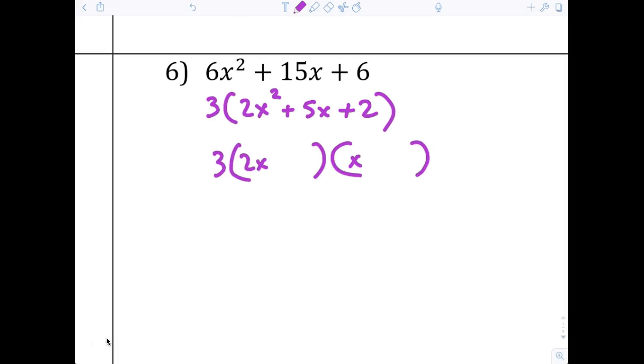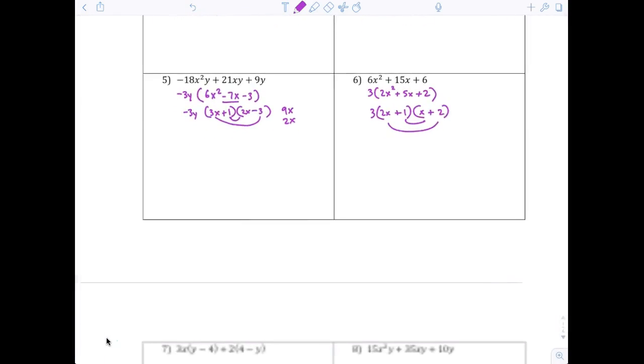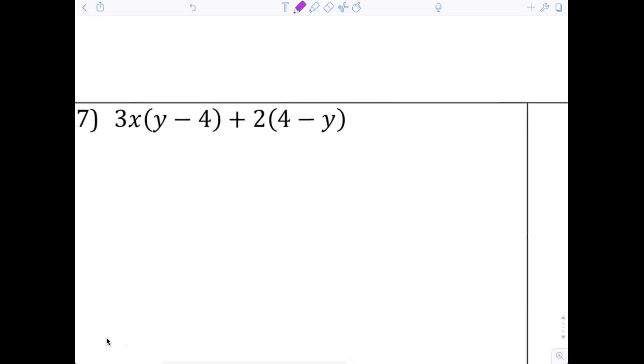And where does the 2 have to go? On the right. Plus 1 plus 4 makes 5. I'm happy with that. Agreed? Yes. All right. Let's hear, Carly, let's hear what you have to say about this one.